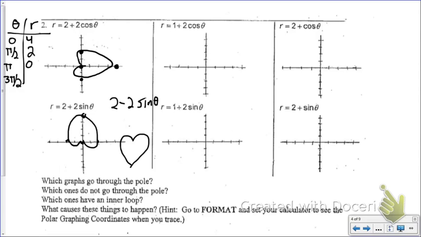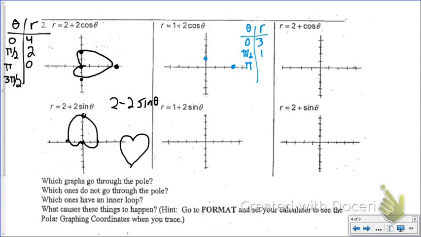Now in this middle column, we're going to do these again, but we're going to start with a chart, so we understand why our graph is going to do what it does and get some specific points on it. Again, I'm going to start with 0. If I plug in 0, the cosine of 0 is 1, times 2 is 2, plus 1 is 3. So at 0 degrees, I'm at 3. If I plug in pi over 2, cosine of pi over 2 is 0, plus 1 is 1. And if I plug in pi, this is where it gets a little bit different.